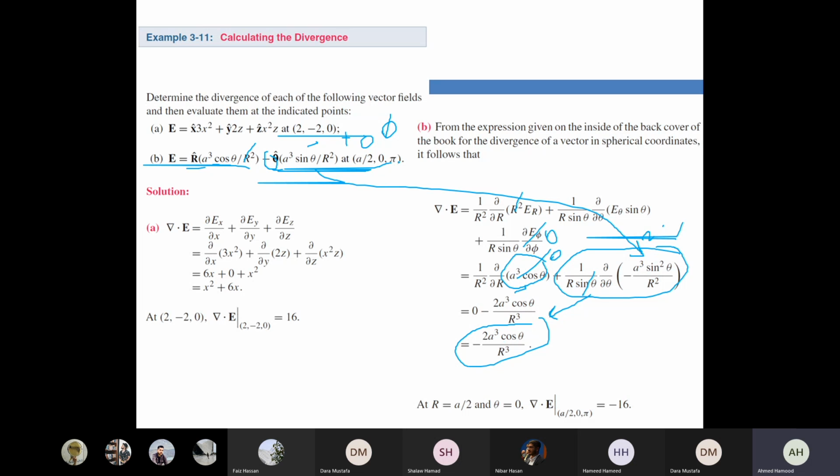You also have here a to the power of e divided by 2, this is r. Then theta is equal to 0.